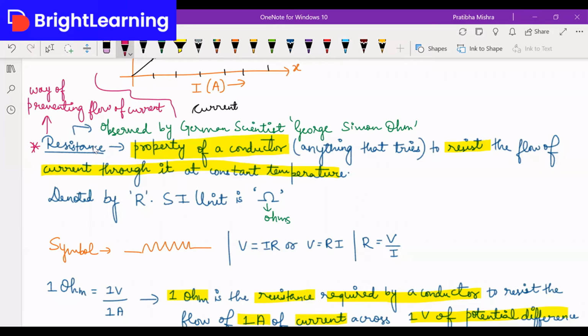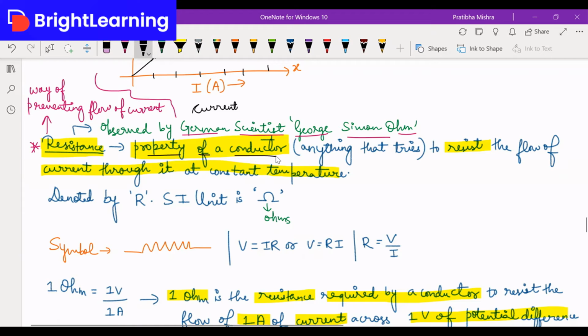Okay. So resistance was observed through an experiment called Ohm's law, which was defined by a German scientist or physicist called George Simon Ohm. If you want to write down about resistance, you can write it as a property of any conductor.